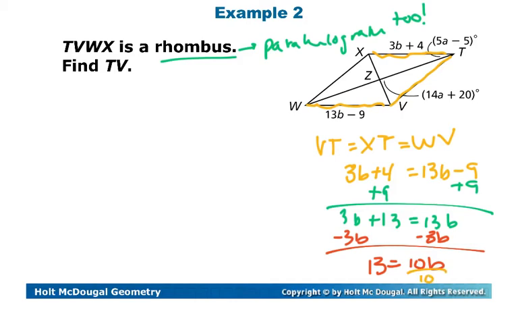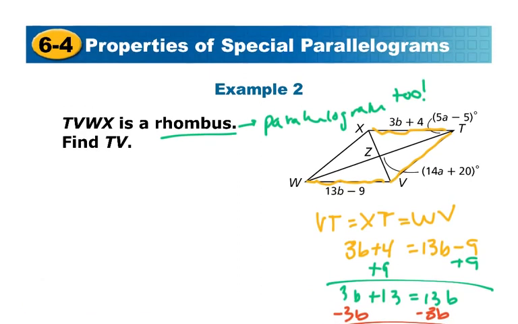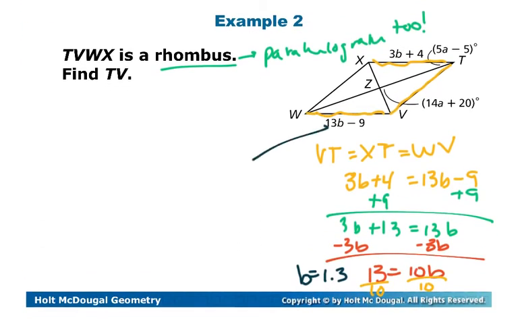Divide by a 10, and we end up with a B of 1.3. So if we know that B is 1.3, we can just plug it into our side length here, since B was 1.3. And we can multiply out those values.